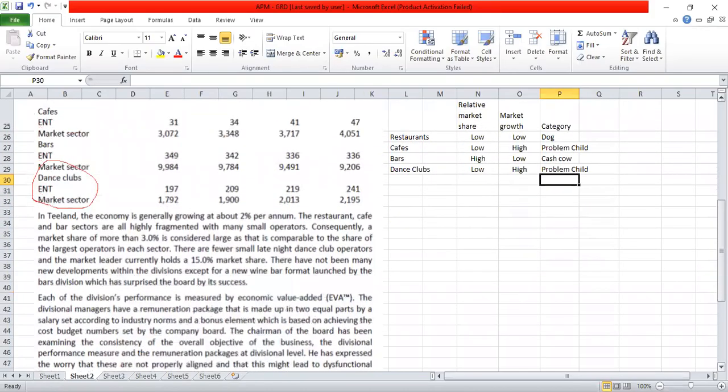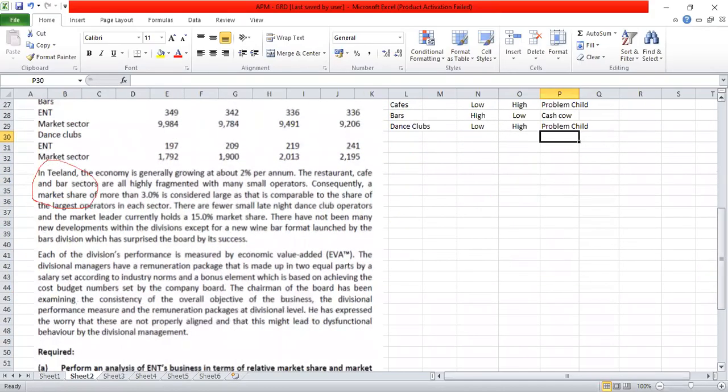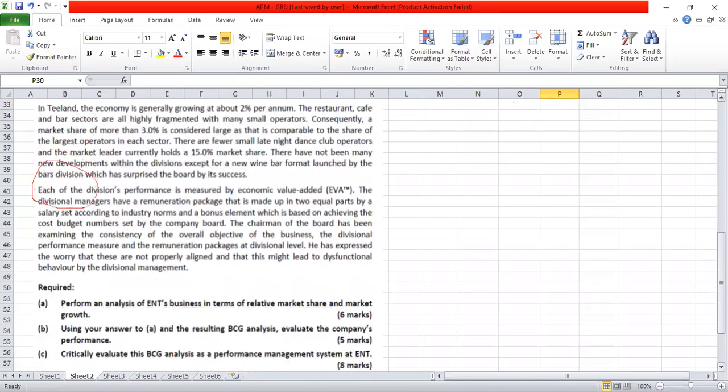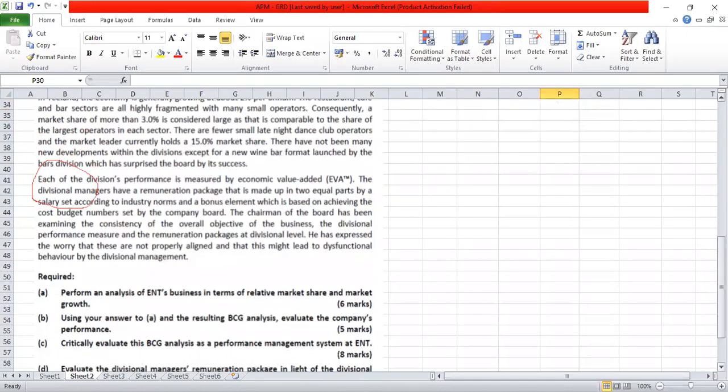So this information is only about the share of revenue made by the divisions of ENT versus the total revenue made by the entire market. The comparison is only on that note. Then we need to criticize that it is not holistic in nature, as we critically evaluate the BCG analysis as a performance management system at ENT.